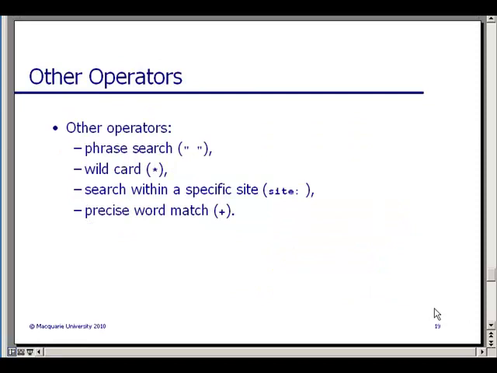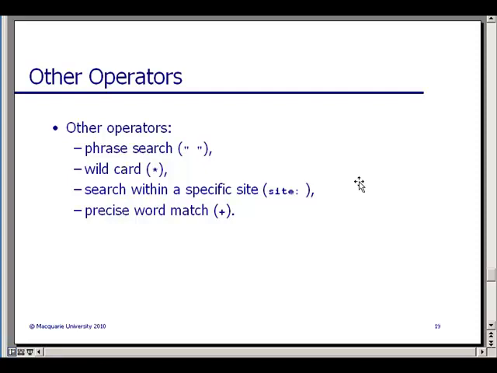There are also other operators that you can use in Google. For instance, you can do phrase search. You can use quotes, and then you can search for an exact phrase. You can also use asterisks as a wildcard operator. Or you can do search in specific sites: you use the site operator, and you specify a URL, and then you search over a specific website, for instance Macquarie University.